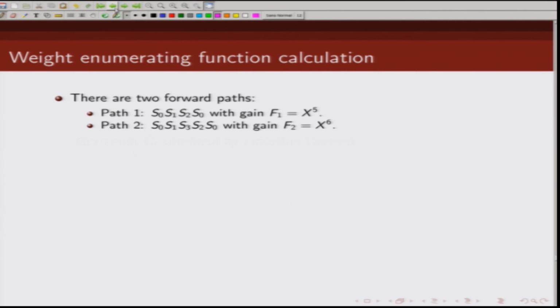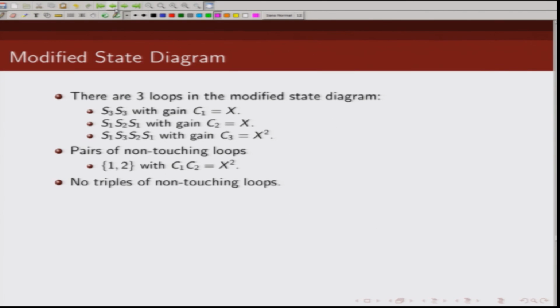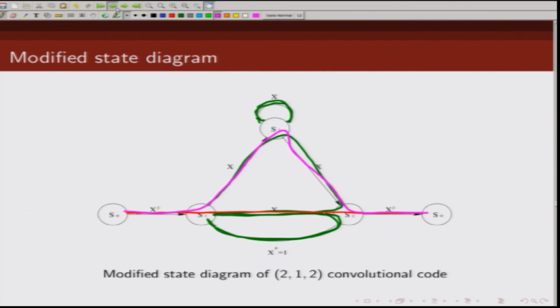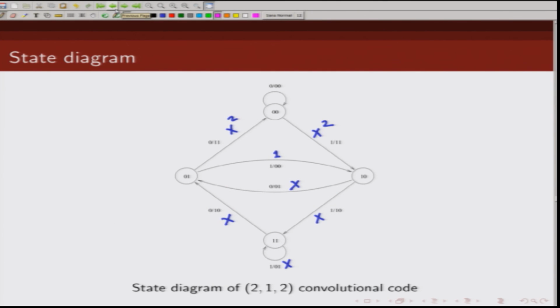So, let us just go back to the original state diagram. Yeah, let us go back to this. So, you can see for this transition from 0 1 to 0 0, what is the weight of the information sequence? That is 0. So, y^0, that is basically 1. What about this? The weight of the information sequence, here the input is 1.